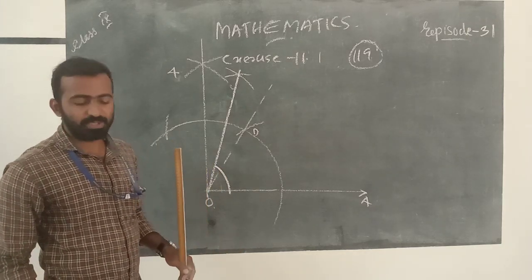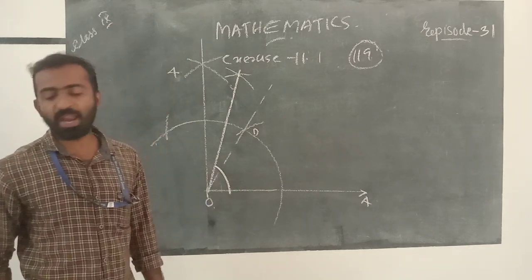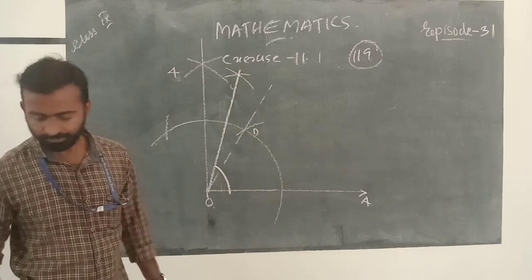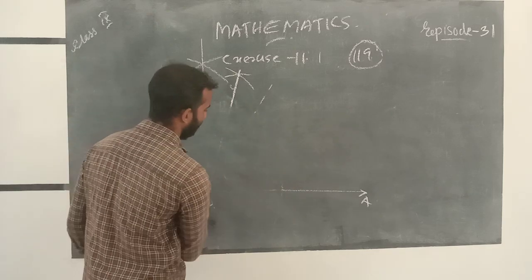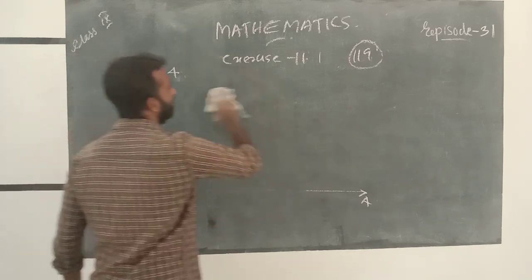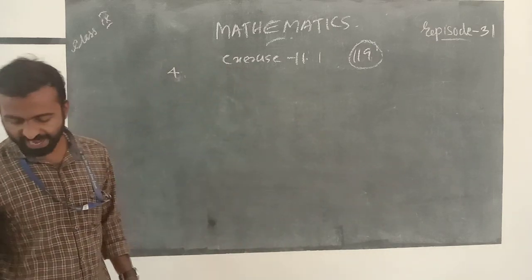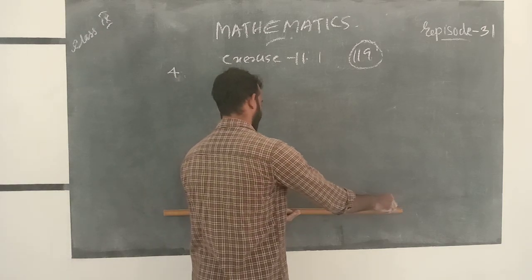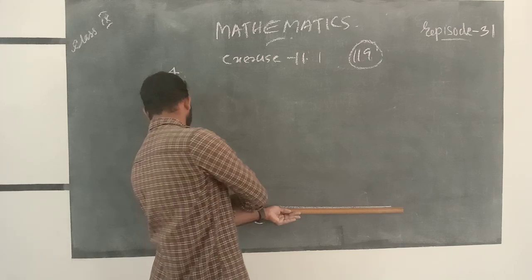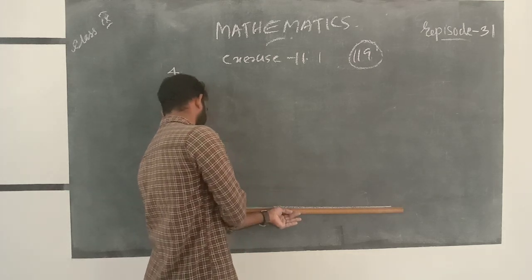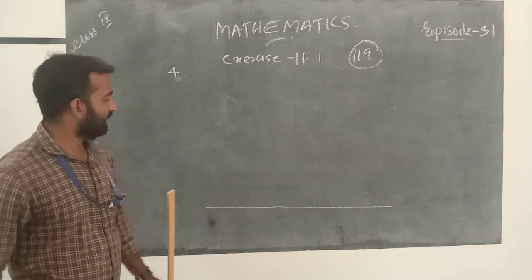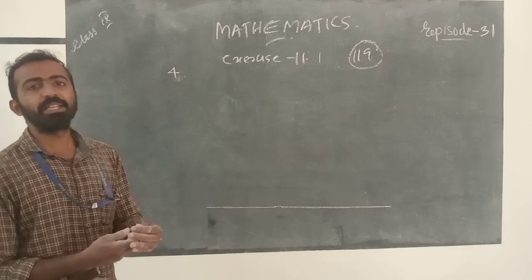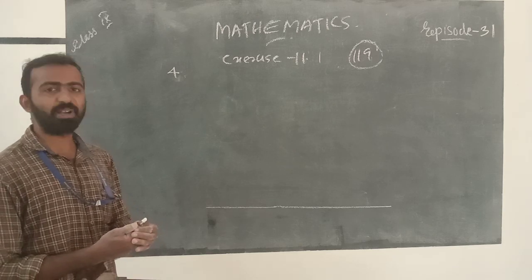Next question is 105 degrees. For that, we make an arc. We know that 90 plus 15 gives 105.